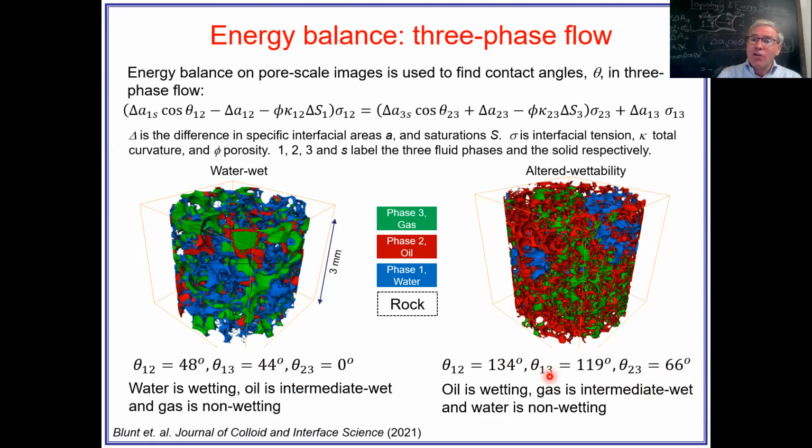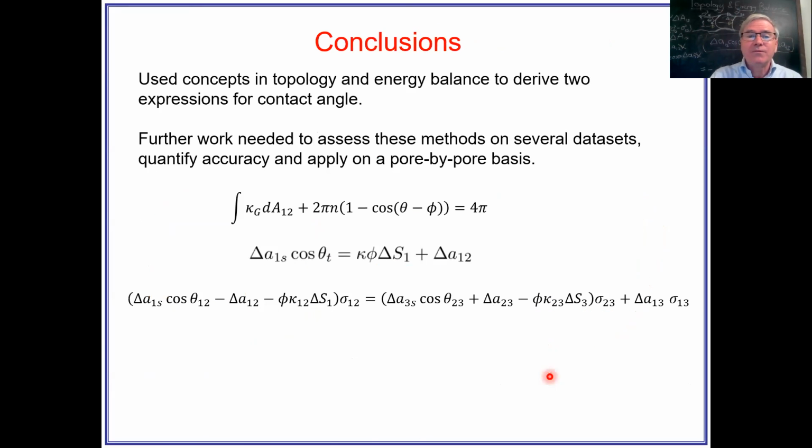We can actually show from this thermodynamic characterization that gas is intermediate wet. It's water that's the non-wetting phase. And that is consistent with the displacement, the measured capillary pressures, but the geometric angles give you rather more ambiguous characterization. So it enables us really to pin down what's happening in three-phase flow. And Abdullah later will be talking about this in more detail.